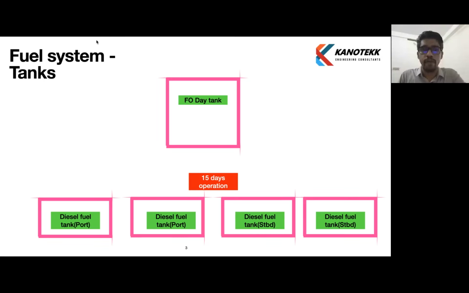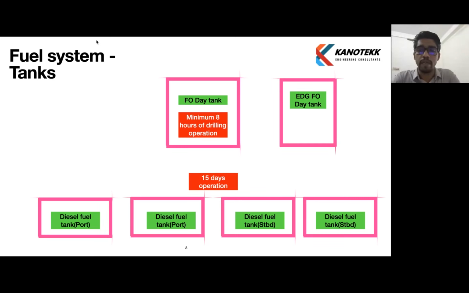Similarly, we have the fuel oil dead tank, which is also called the service tank. This dead tank is designed to store fuel for a minimum of 8 hours of drilling operation, and there will be one dead tank.